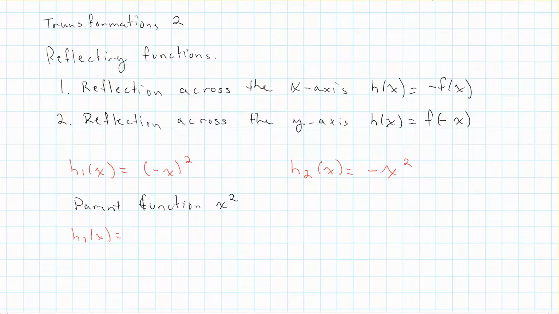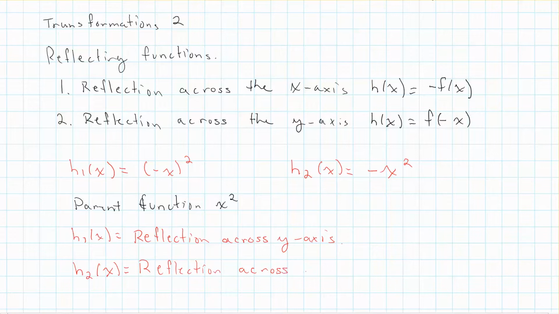That would be a reflection across the y-axis. And then h2 at x is negative x squared, where clearly the negative is being applied after I do the parent function. So h2 is a reflection across the x-axis.